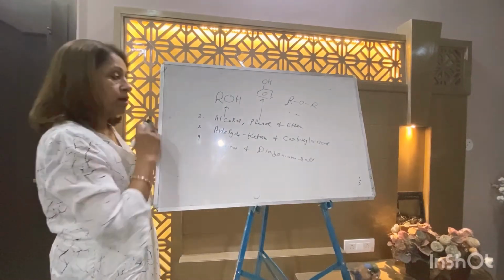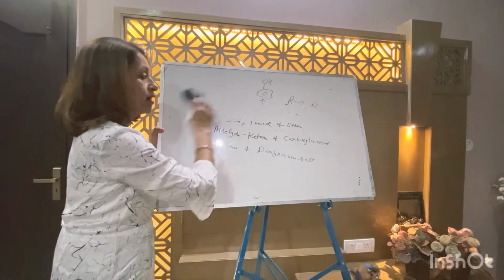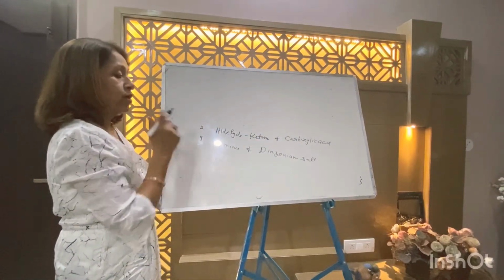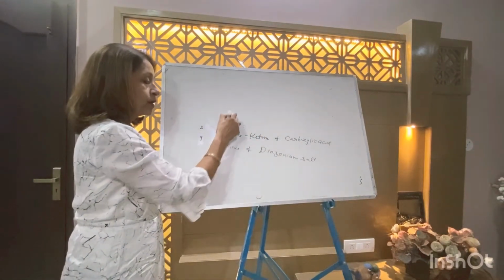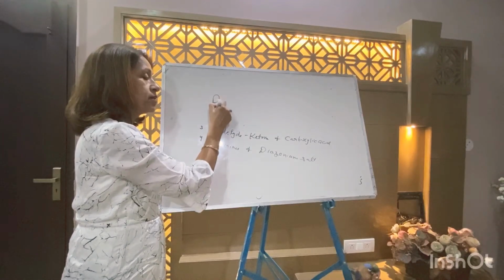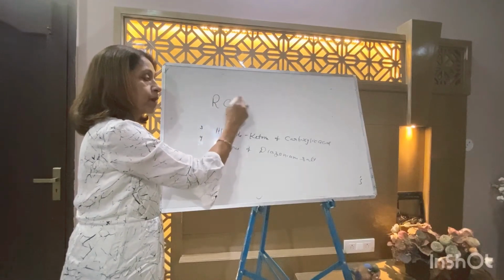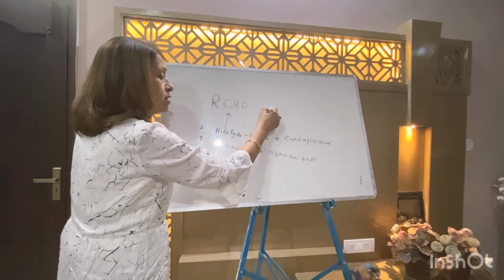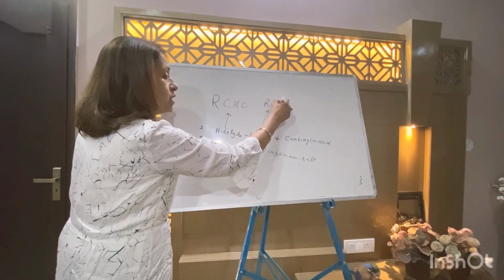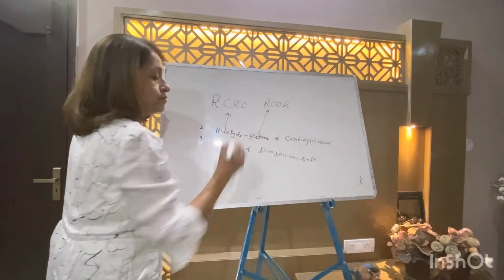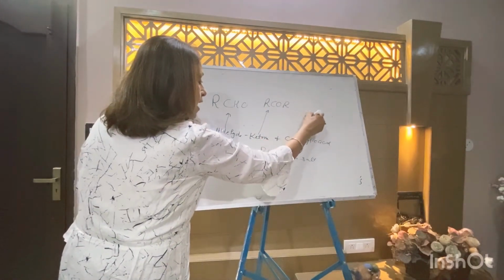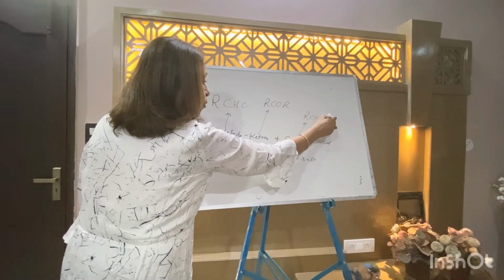Okay. Now what are aldehyde, ketone and carboxylic acid? All these have the common functional group, carbonyl. Aldehyde is RCHO. Ketone is RCOR. And carboxylic acid is RCOOH.